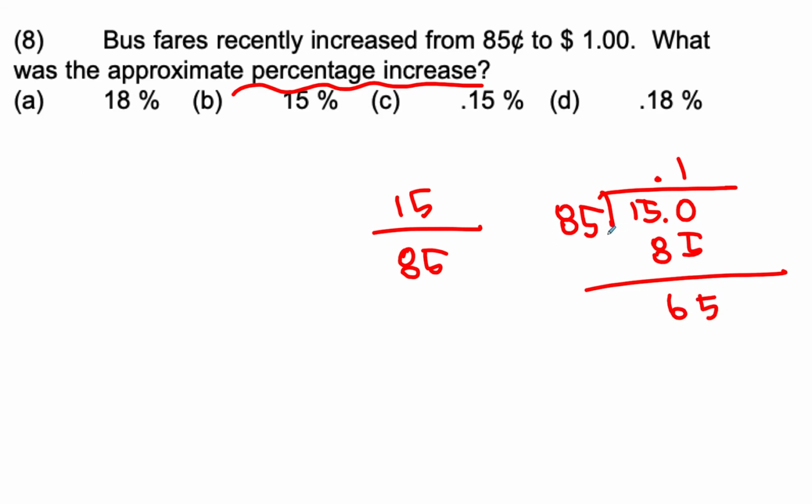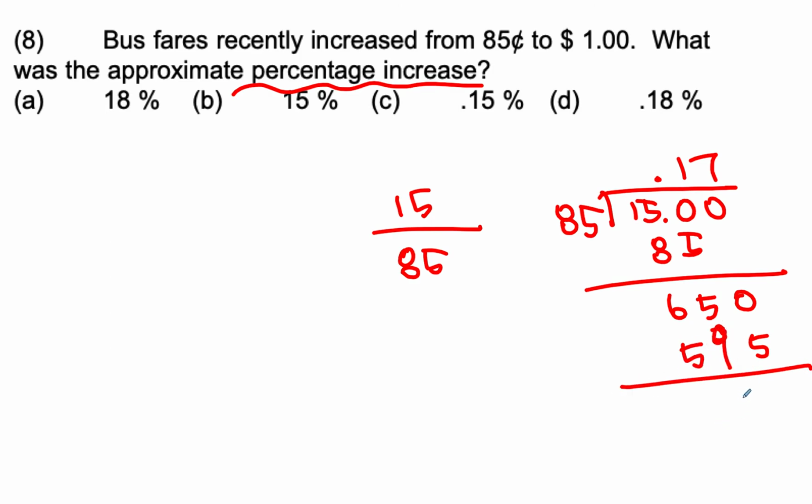How many times can 85 go into 650? About 7 times.